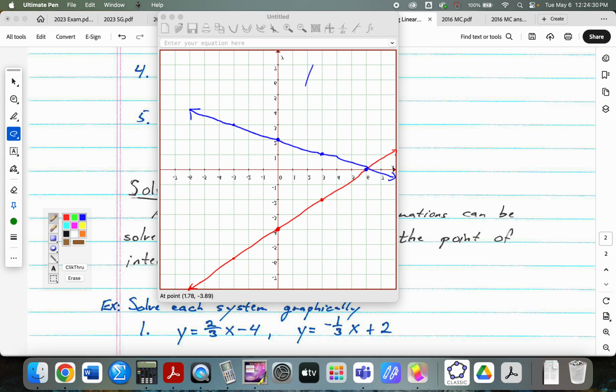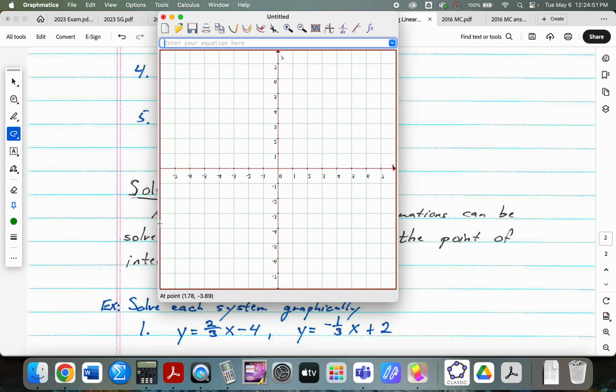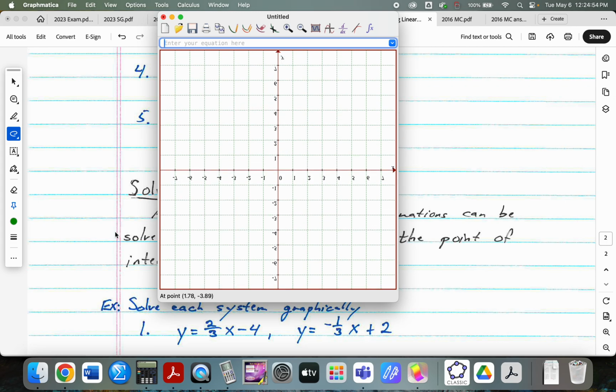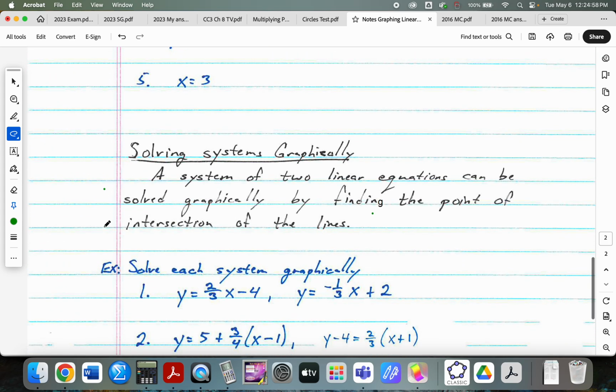So the answer to this one, or the solution, is 6, 0. All right, let's try this next one.